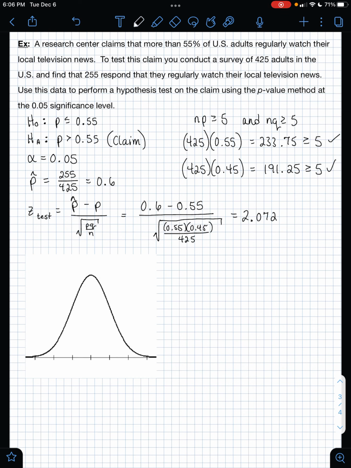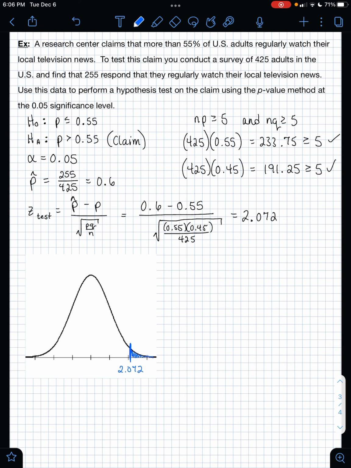In the p-value method, we're simply going to take the test statistic, the 2.072, which would be about here, and we're going to find the probability of having a more extreme result.